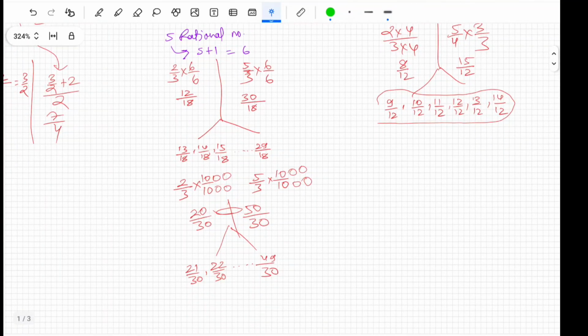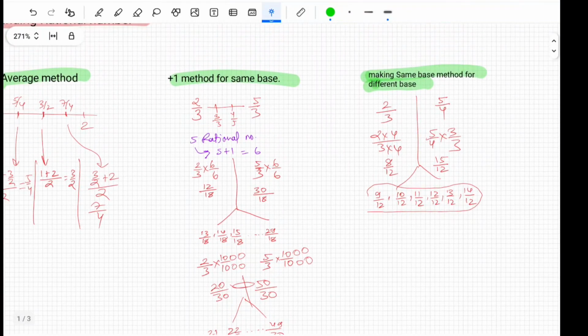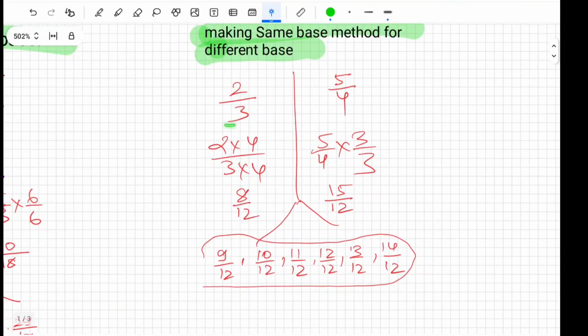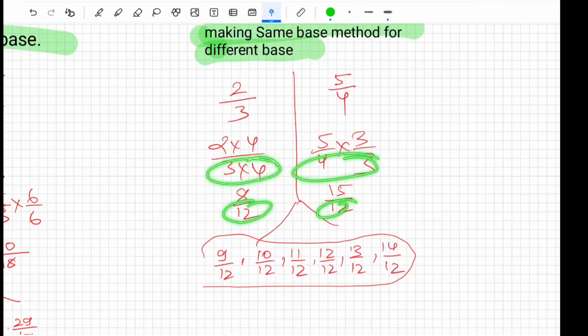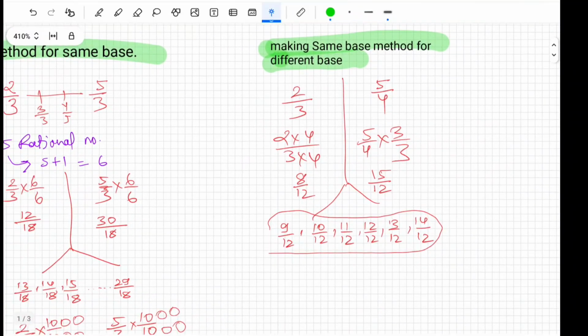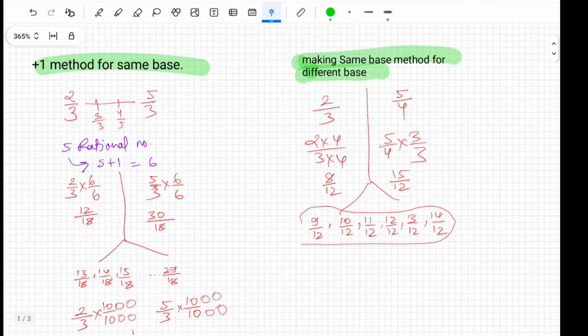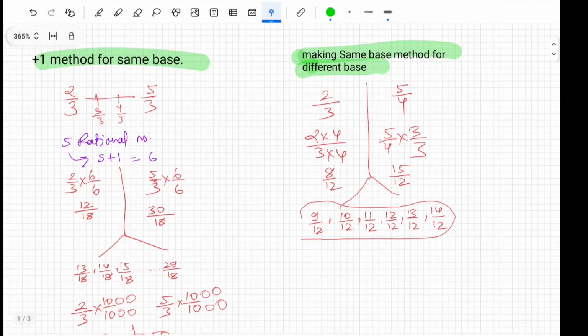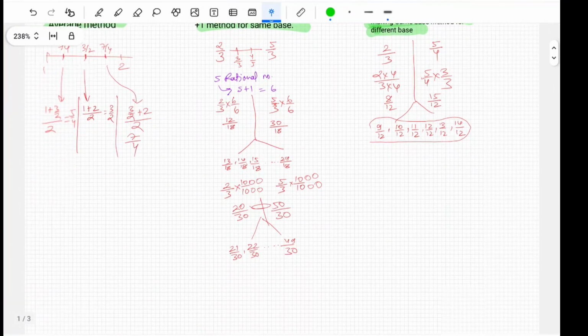One method is, if you want numbers, you can also multiply and divide by 10, 100 or 1000 as per your requirement, how many numbers you want. And if you have different bases, you have to make the base the same and you can calculate the numbers. If this method fulfills your requirement of numbers, it's well and good. If not, you can continue along with the +1 method and you will get as many numbers as you want.